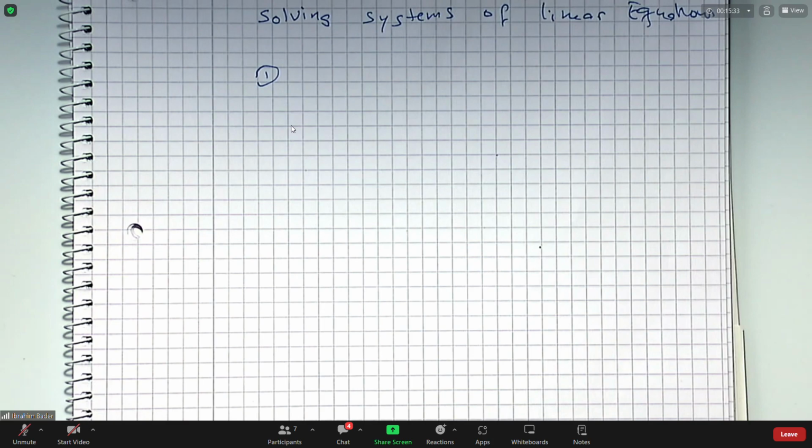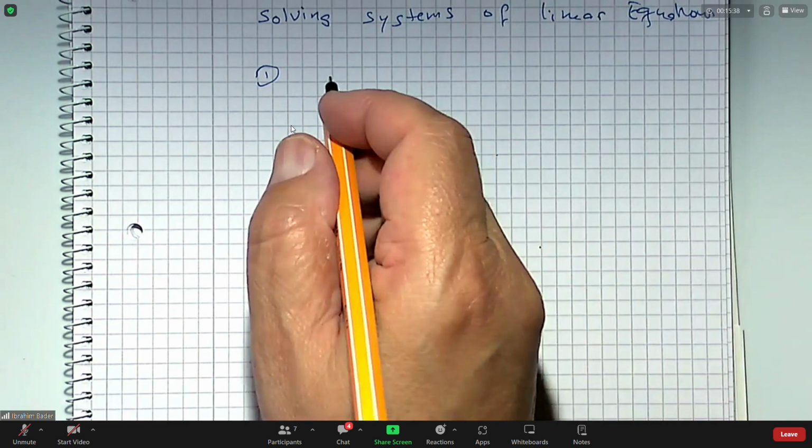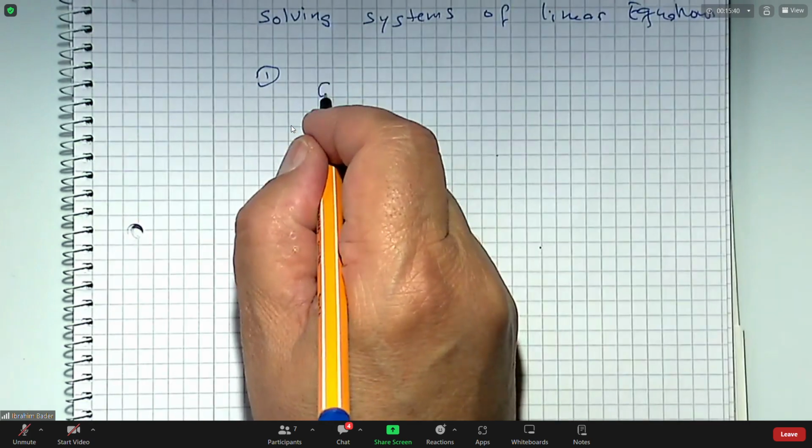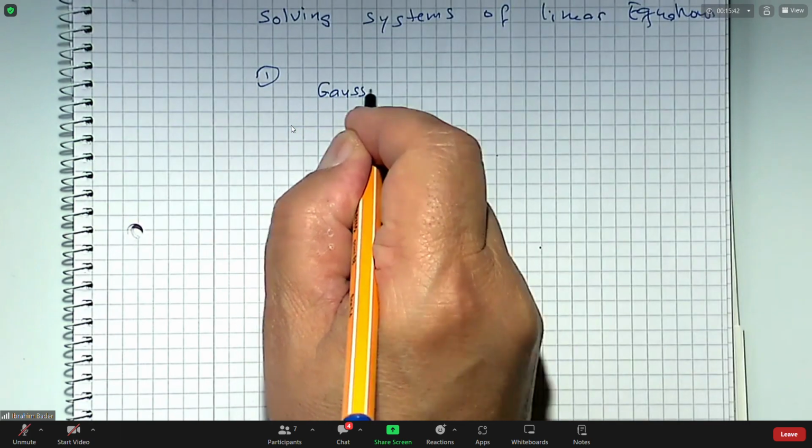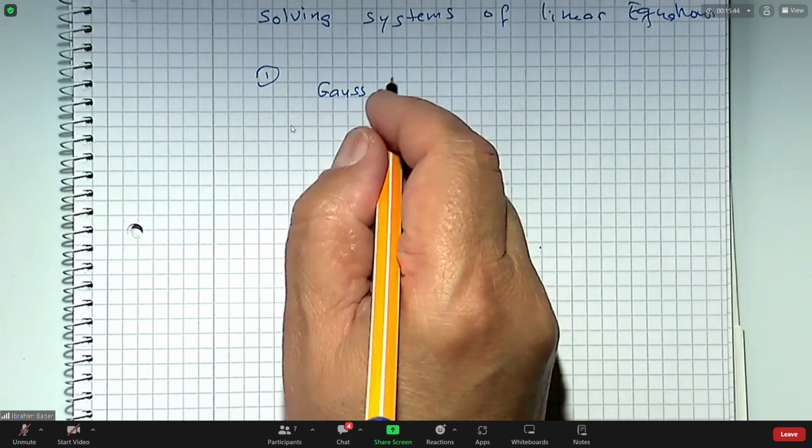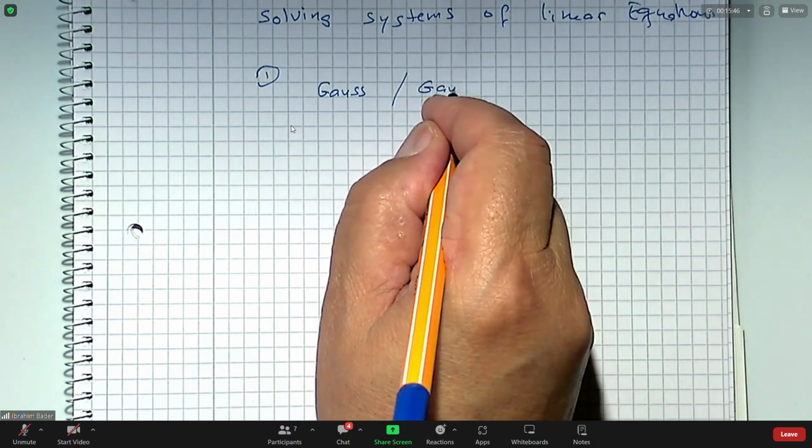For lower order, we had techniques like substitution and so on. So this is the Gauss or Gauss-Jordan elimination methods.